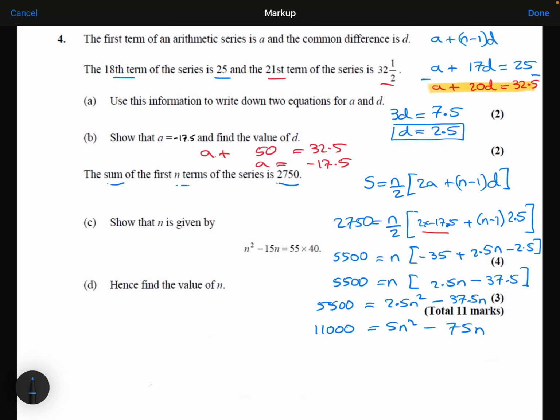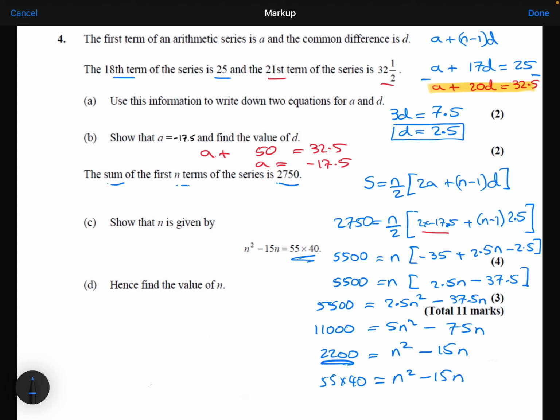So if I divide through by 5, I'm going to get 2,200 equals n squared minus 15n. And the 2,200 is the 55 times 40. So that's what we needed to show.